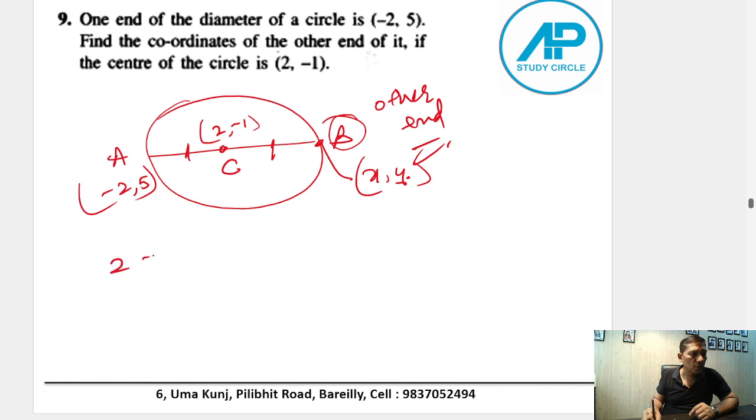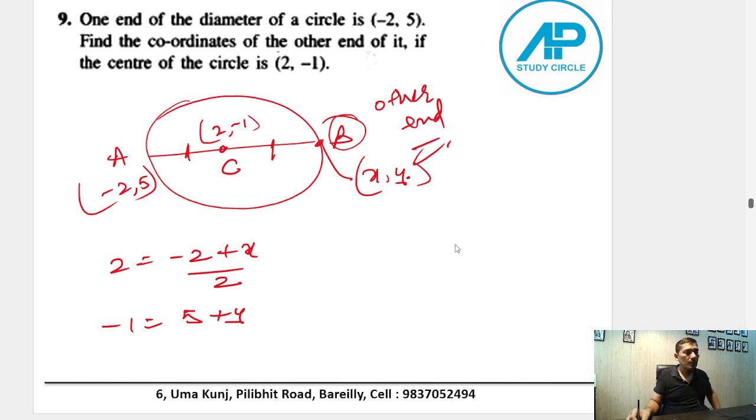So I got 2 equals to minus 2 plus x upon 2 and minus 1 equals to 5 plus y upon 2.